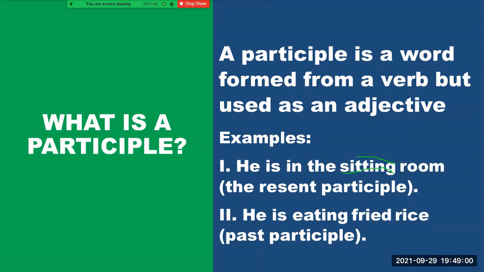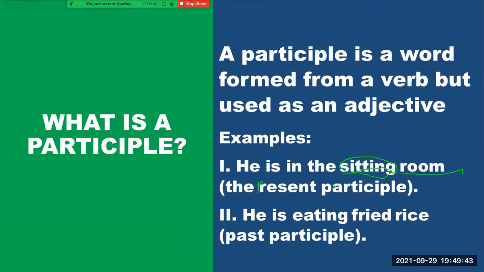The word sitting here is from the verb sit, but here it's not really used as a verb, it is used as an adjective. It modifies the noun room. It tells us more about the room. Which room? Sitting room, not bedroom, right? So that is what a participle is, a verbal form. It's a word that is formed from a verb and it is used as an adjective.